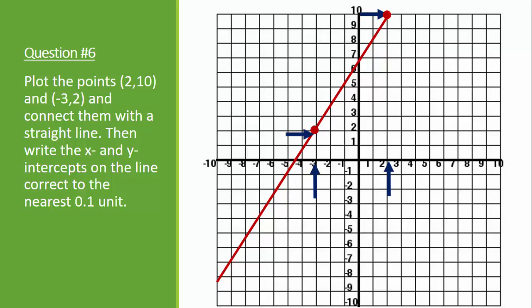It says now write the x and y intercepts on the line correct to the nearest tenth of a unit. Now where are the x and the y intercepts? Well, the y-intercept, remember, is where the line crosses where x is equal to 0. What is the value of y when x is equal to 0?